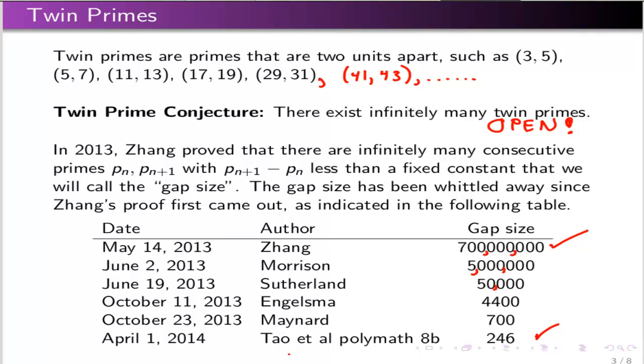That meant that there exist infinitely many consecutive primes within a distance of 246 of each other. So, of course, to prove the twin prime conjecture, we'd have to get that gap size down to 2. And it's highly unlikely that that's going to be coming anytime soon.